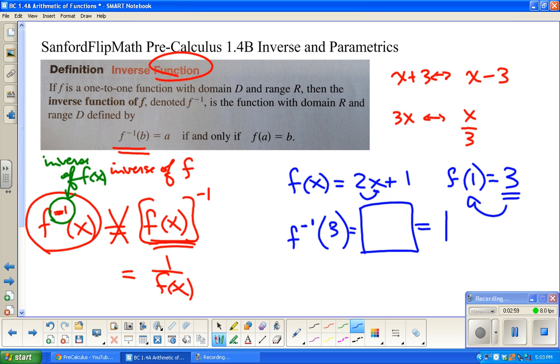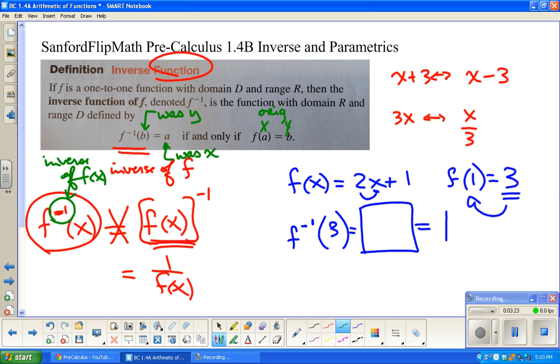You can feel free to pause and figure that out. Notice this was the original x, and this is the original y for some function. So a was an x value. This was x, and this was y.